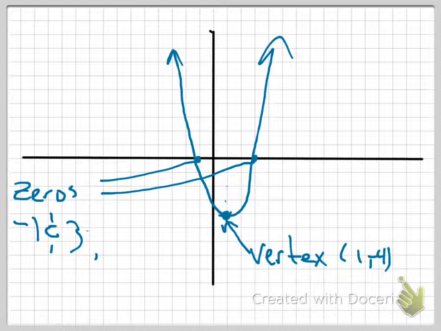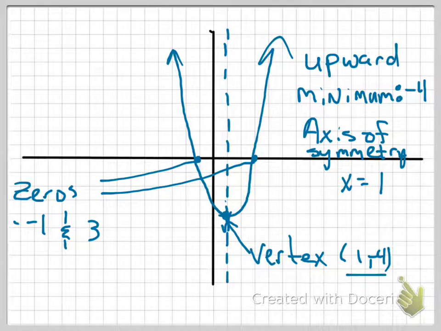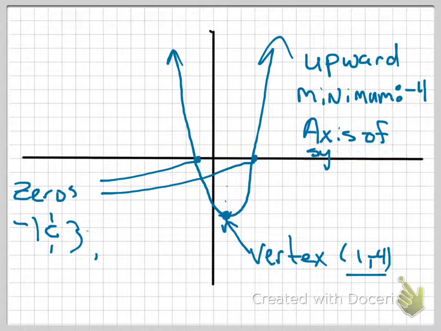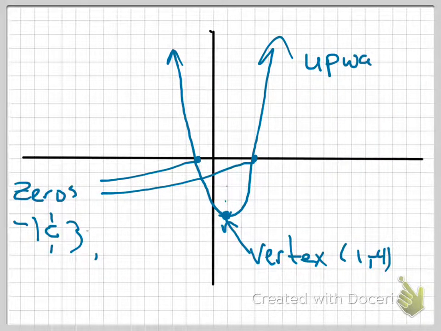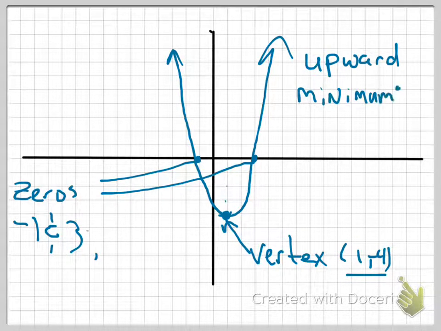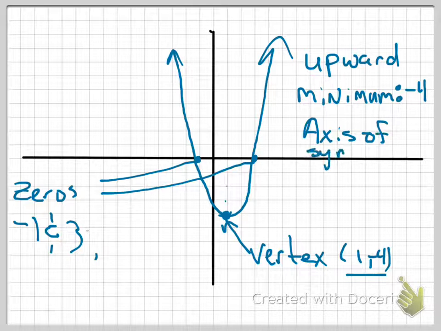So again, this faces upward. It has a minimum value at -4. Remember, the minimum value is the y of the vertex. And then there is an axis of symmetry. The axis of symmetry is always the x value of the vertex.